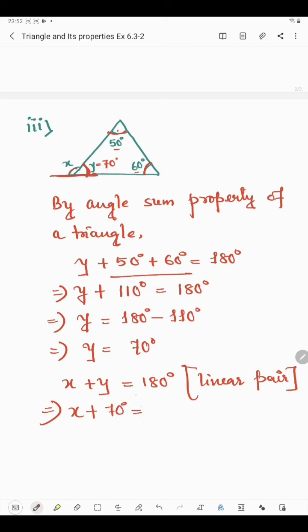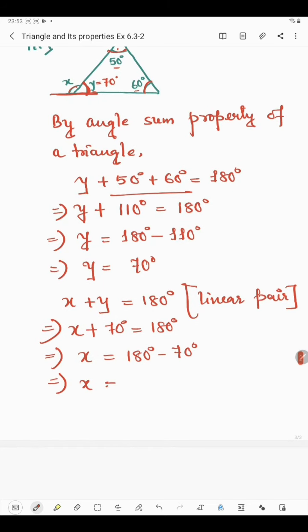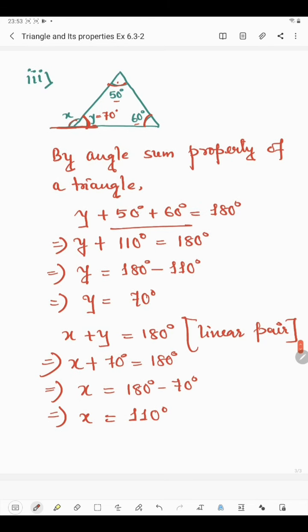So put it in place of y, is equal to 180 degree. So x is equal to 180 degree minus 70 degree. So the value of x will be 0 minus 0 is 0, 8 minus 7 is 1, and 1 will come down, so it's 110 degree. Okay, so this was all about number 3. Now coming to number 4.